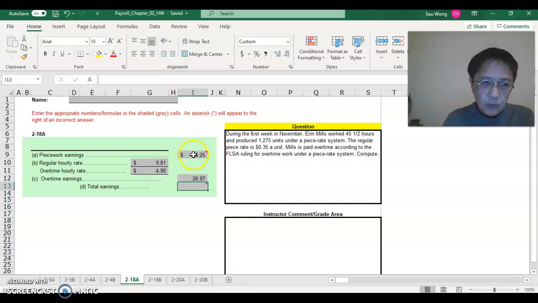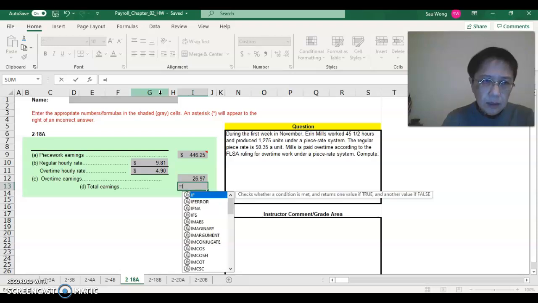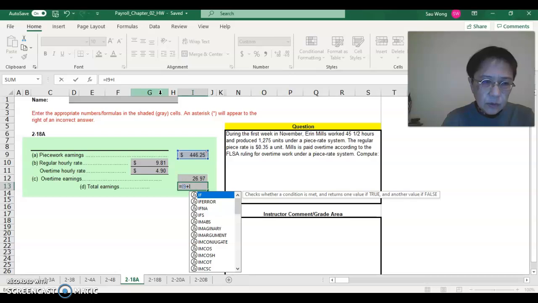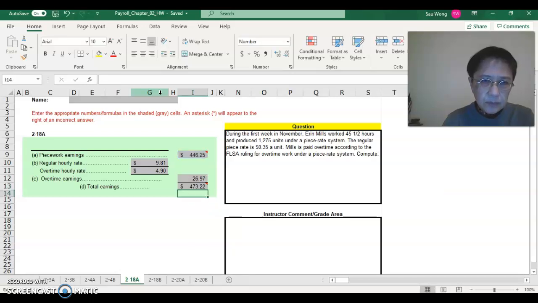So total earning would be the regular earning plus the overtime earning, equal to I9 plus I12. So we complete the 2-18A. The 2-18B would be similar to 2-18A.